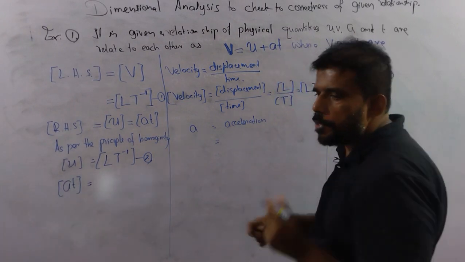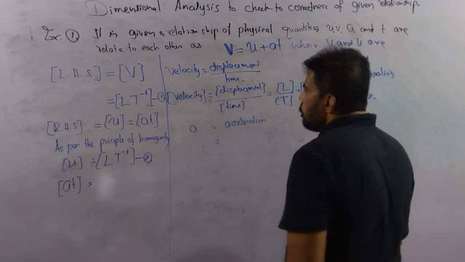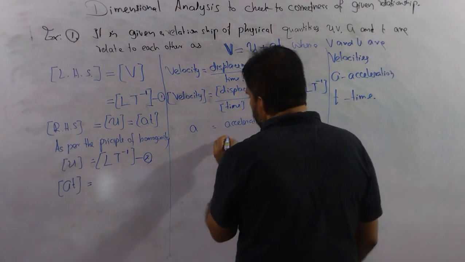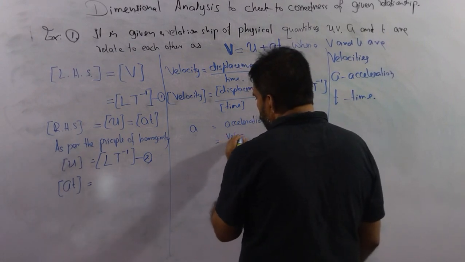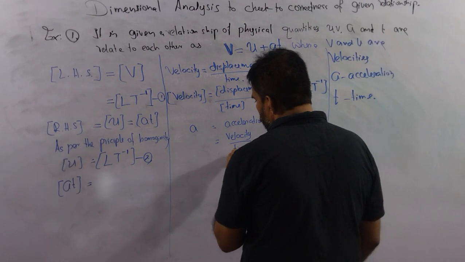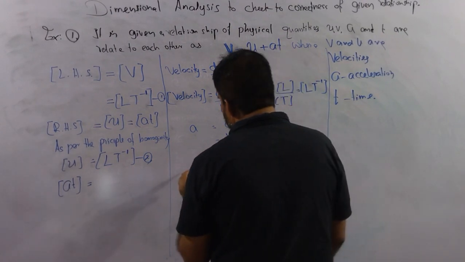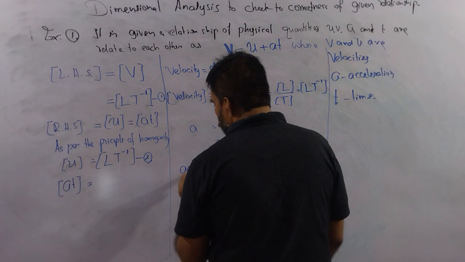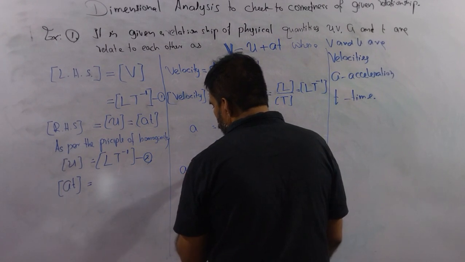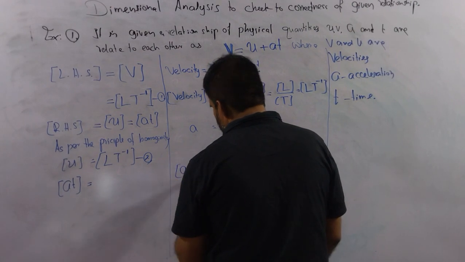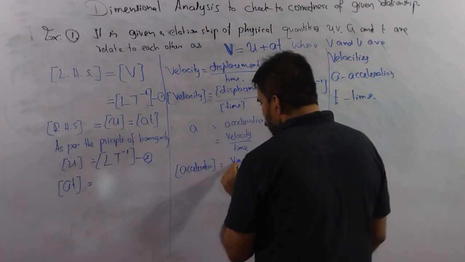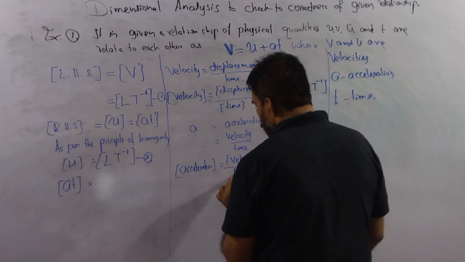Rate of change of velocity, velocity over time. So the dimension of acceleration equals the dimension of velocity over the dimension of time.